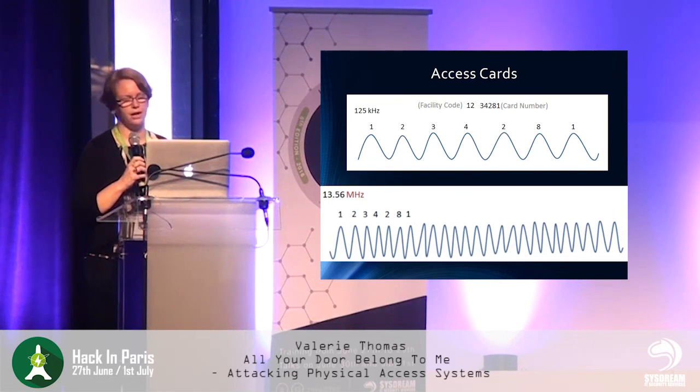It's very similar to a credit card number and expiration date. Once we have those numbers, we can format them in different ways on different tags. In the top example, everything is straight across, all in order: our facility code comes first, followed by our card number. The bottom example is the same thing, but it gets sent much faster.